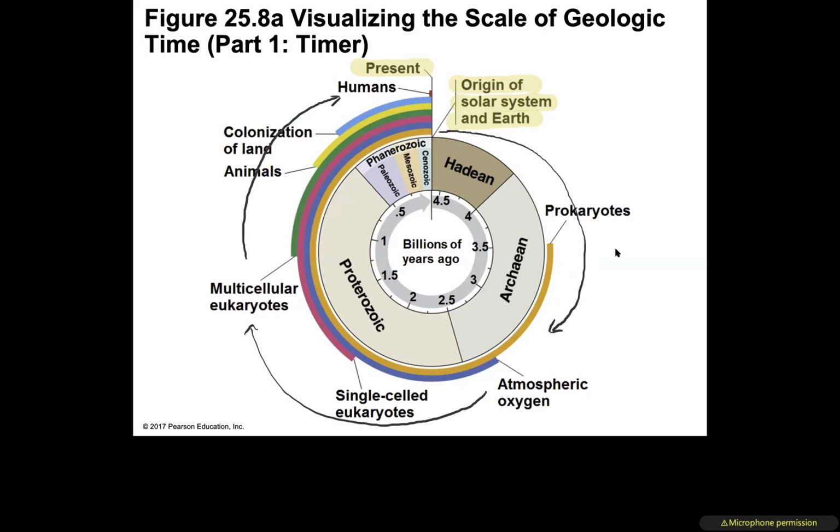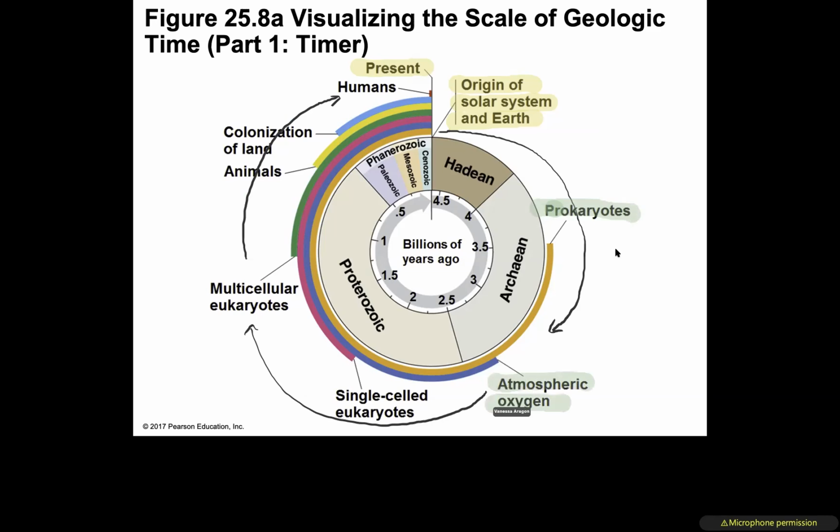So there are some significant things that you might notice. Look at this. Prokaryotes have been around since the beginning, and they are still around. When you look at the present, they are still here. What else? Oxygen.